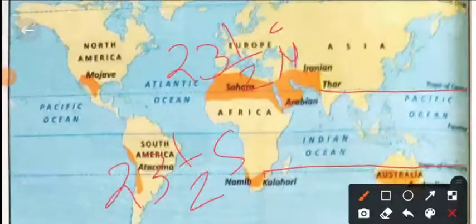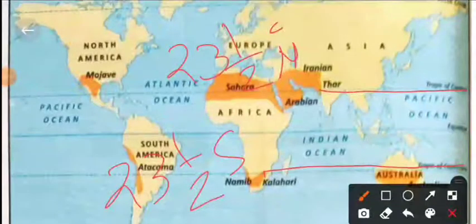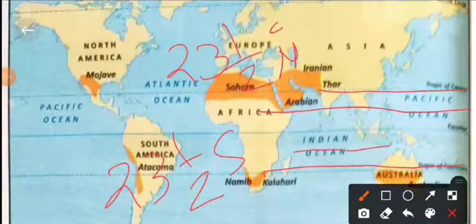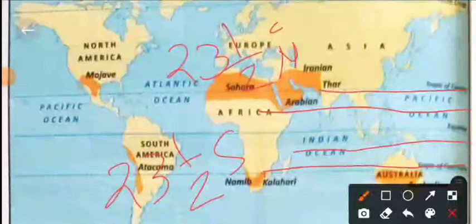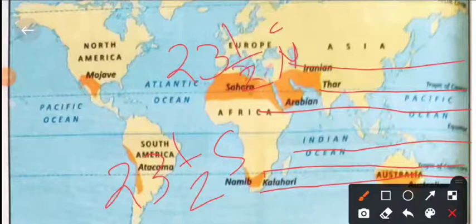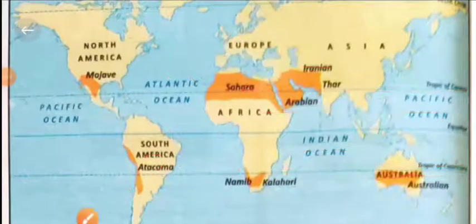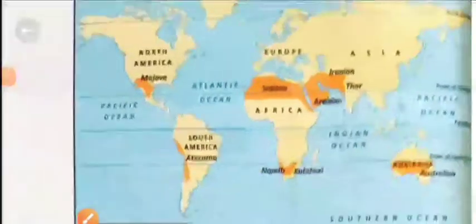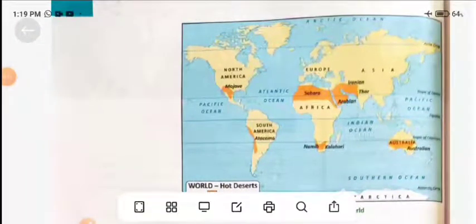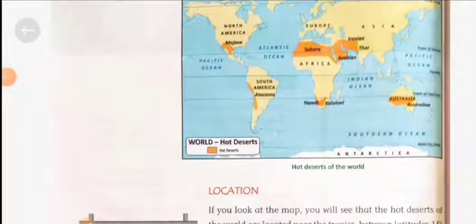You have also read that the desert region lies between 15 and 30 degrees on both sides. So the deserts are found between 15 and 30 degrees of the tropics.